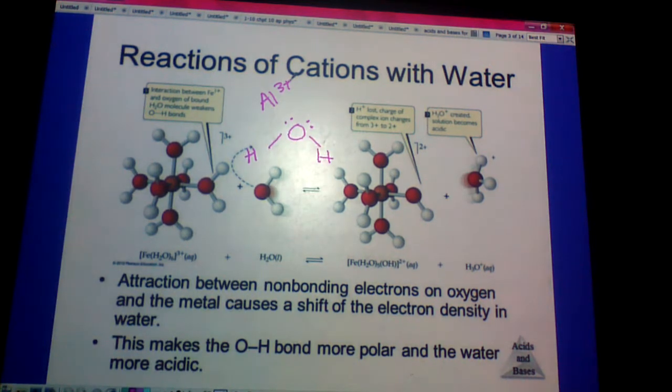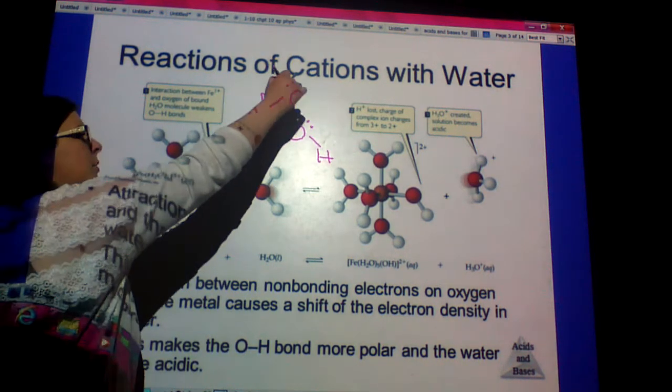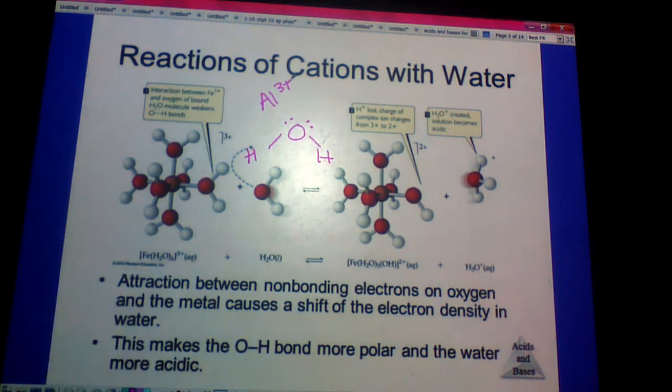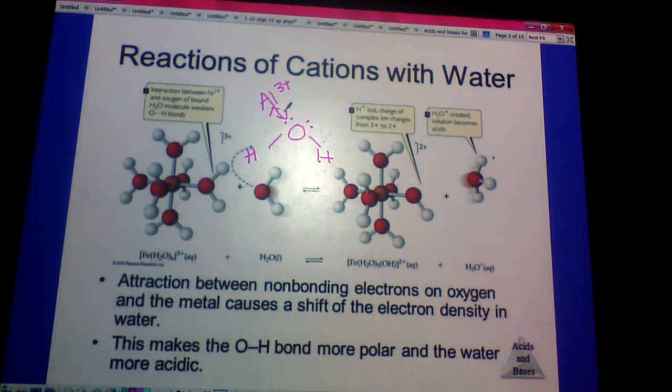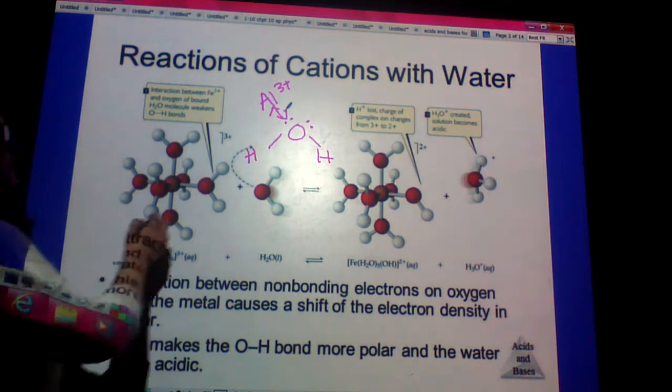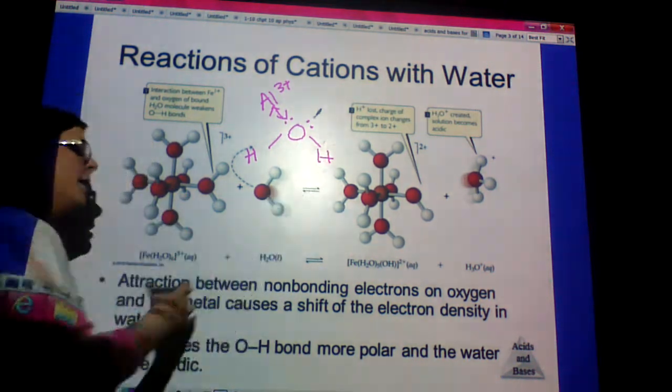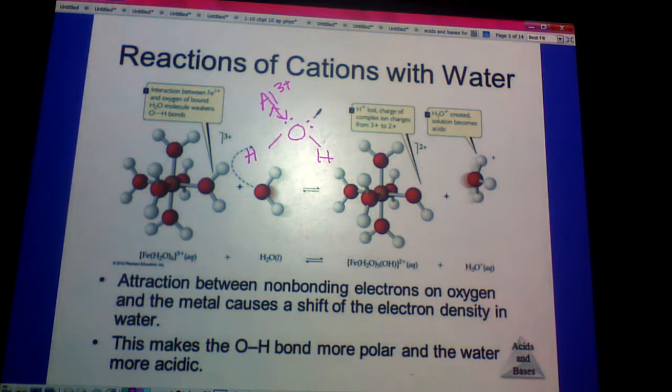Aluminum may want to share some of that, so there's an attraction between this aluminum and that lone pair on the oxygen. So ultimately what's happening is we have a shift in the electron density of water. Because of that, it's going to make one of these OH bonds more polar than the other one, so then the water is going to become more acidic.